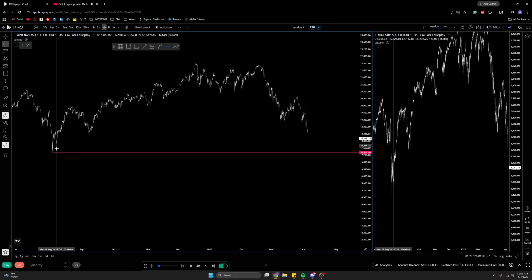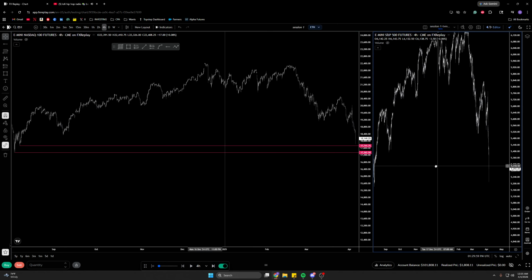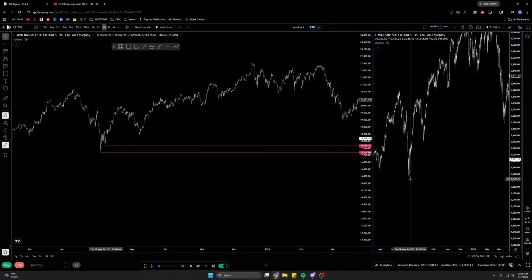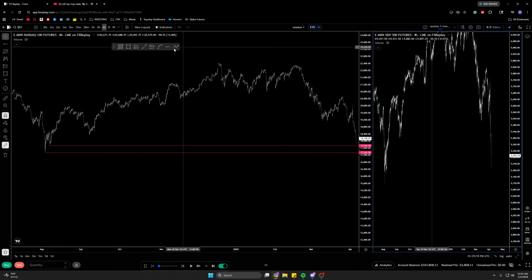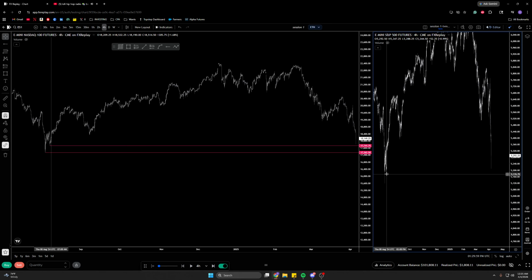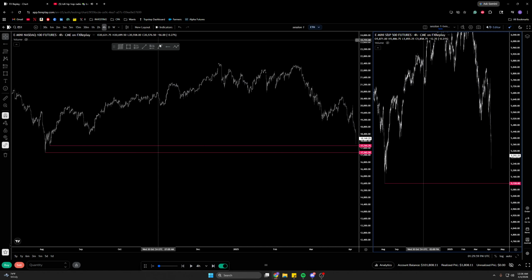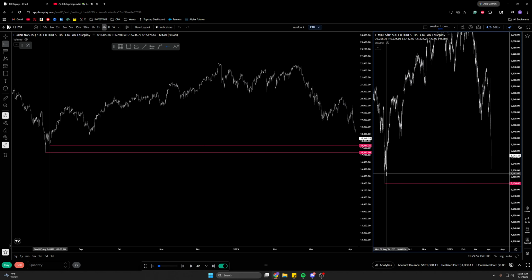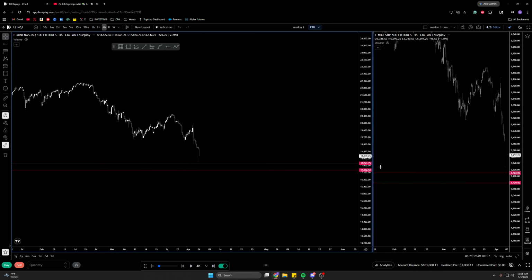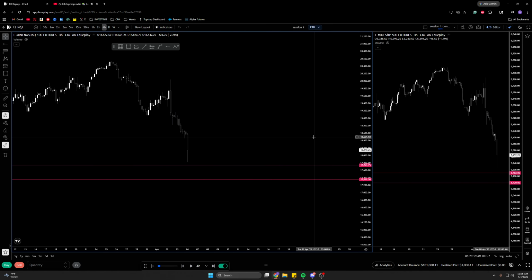We also have this one resting here as well. For ES, that is pretty far, but I'm gonna go ahead and draw those out just to have them. Let's go ahead and see what we are doing right now.